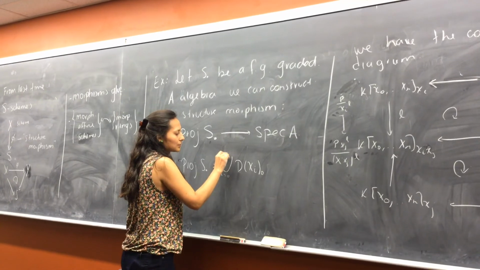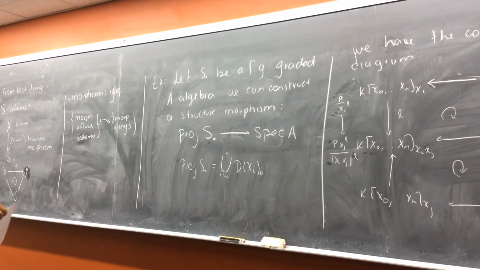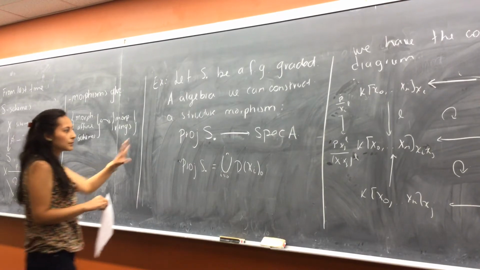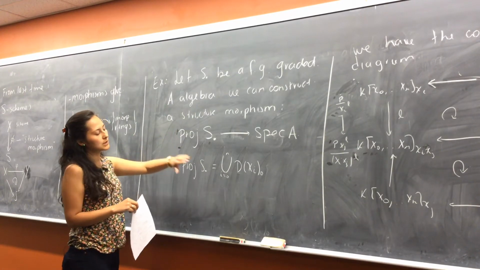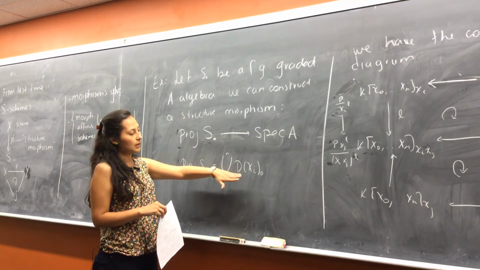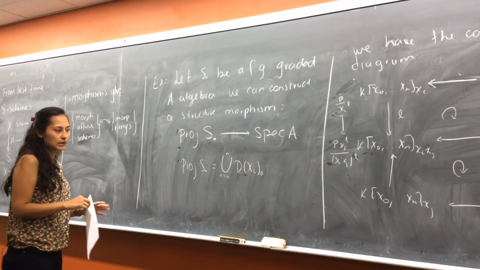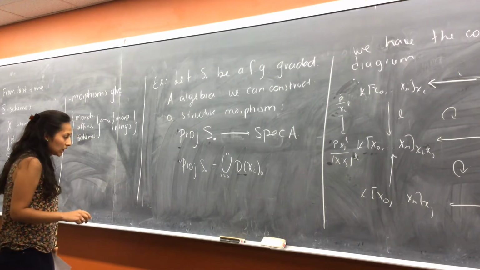I'll just put 0 to n, whatever generators you pick. And the way we will construct this structure morphism is, again, looking at morphisms in these schemes and then seeing that they can glue.